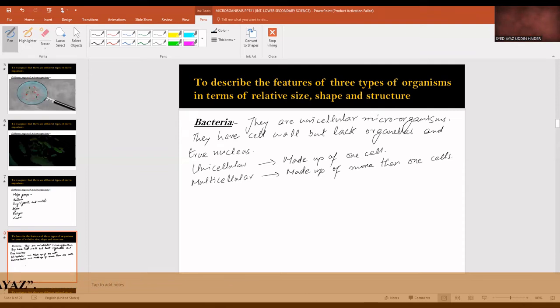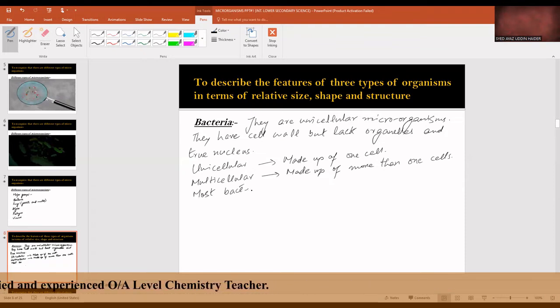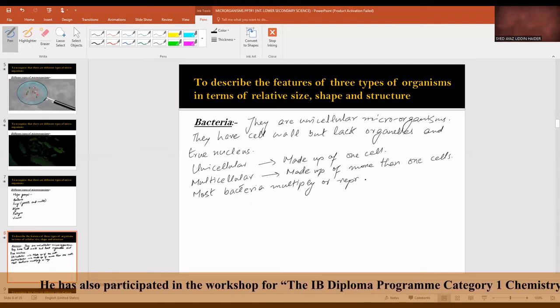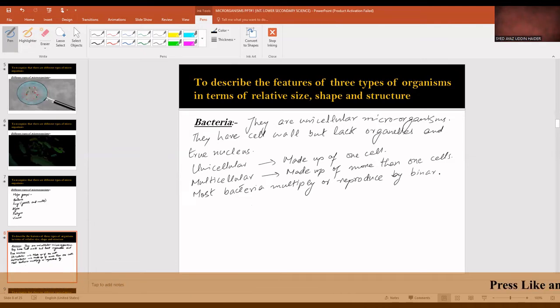Most bacteria reproduce or multiply by binary fission.